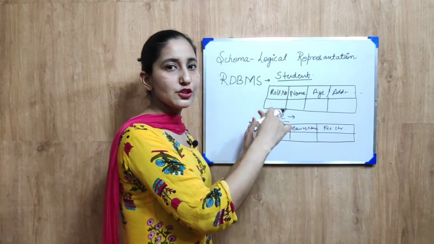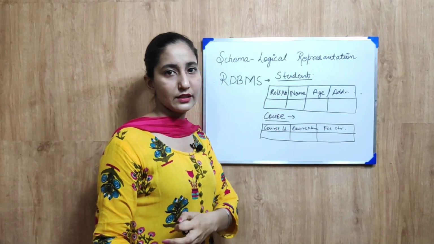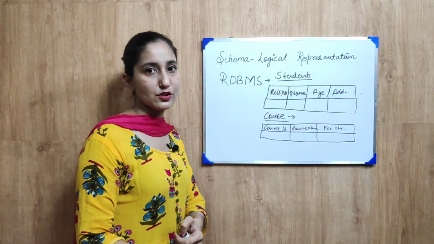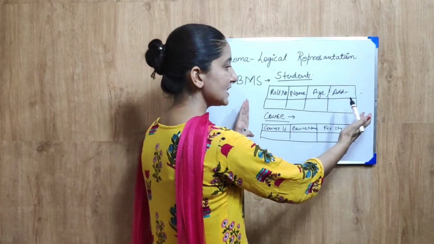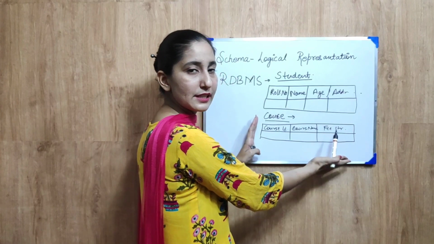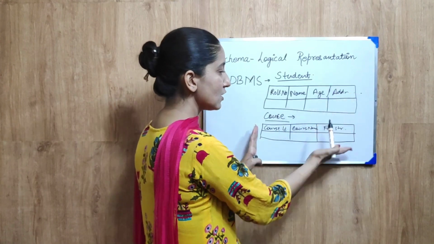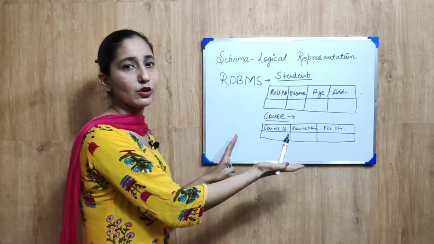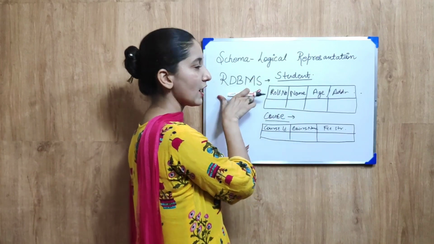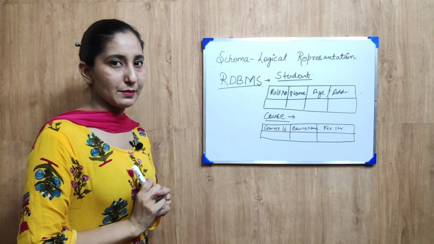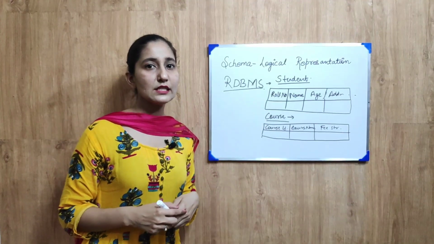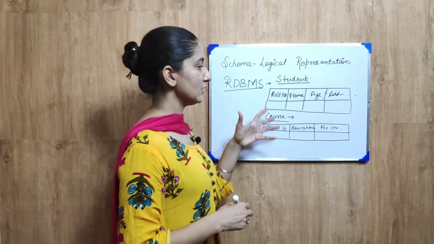These details should never go to the hard drive or server where we store the data in its actual, physical representation. So these tables are called the logical representation of the database. This is the schema; in terms of RDBMS, tables are the schema.